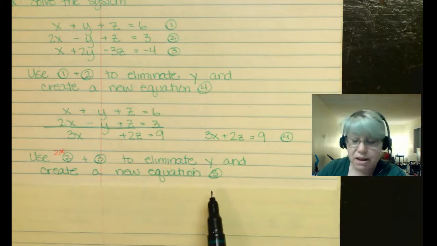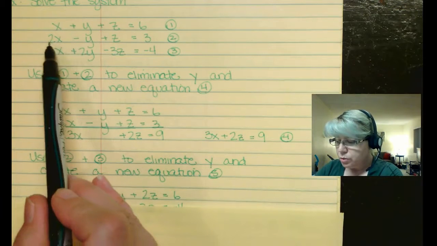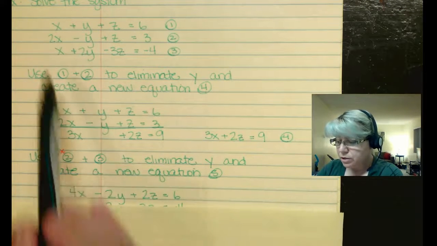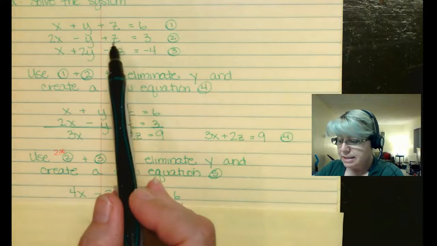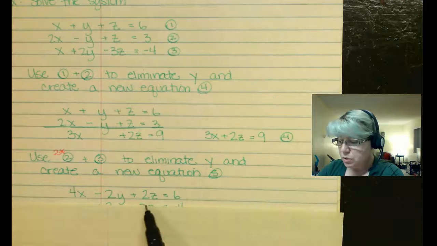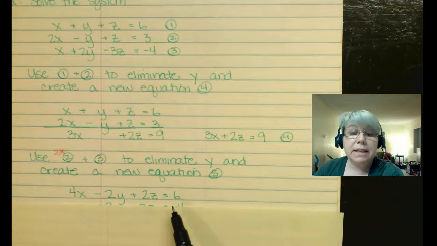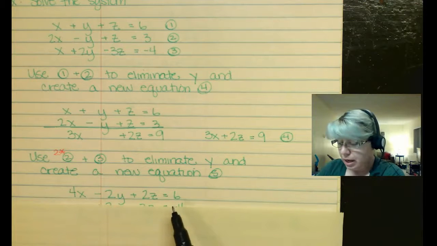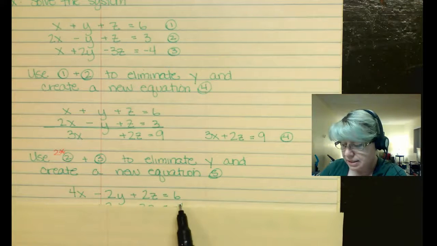I'll call it number 5. 2 times 2x is 4x. 2 times negative y is negative 2y. z times 2 is 2z, and 3 times 2 is 6. So by manipulating equation 2, I now have 4x minus 2y plus 2z equals 6.